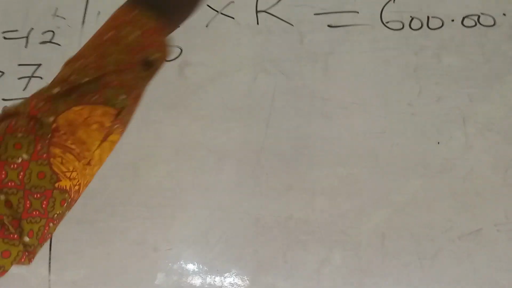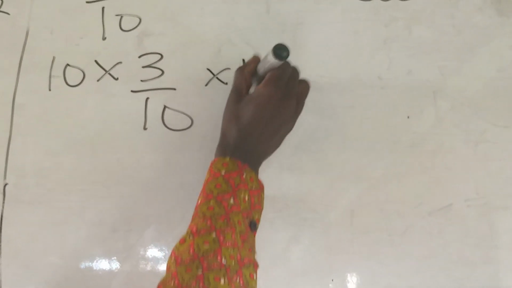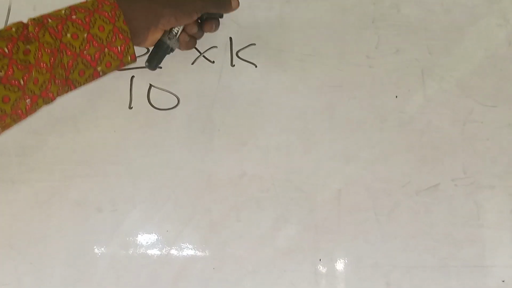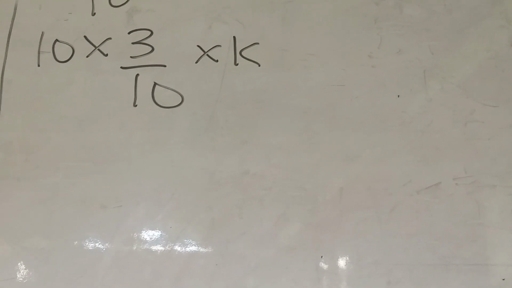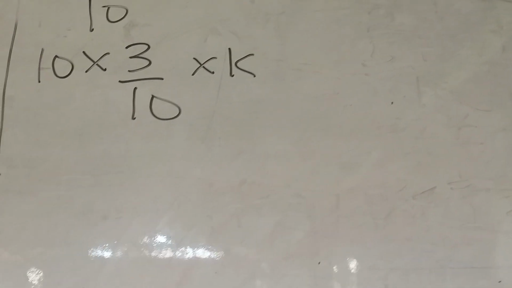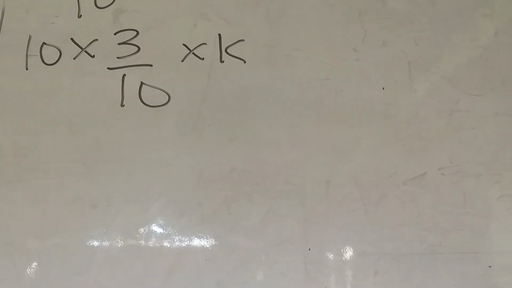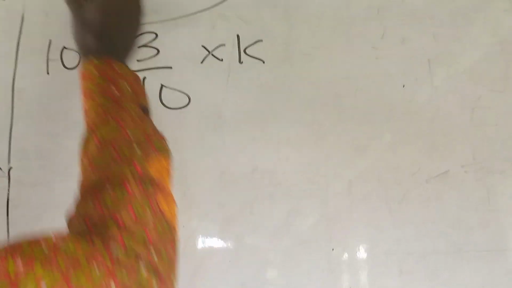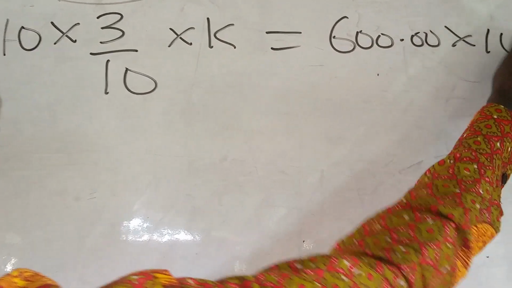We multiply through by this 10. So it becomes 10 times 3 over 10 times k. There is no need to multiply this k by 10, because addition and subtraction are used to separate terms, and this time we have no addition or subtraction here. It's multiplication, so this is just one term equal to 600 times 10.